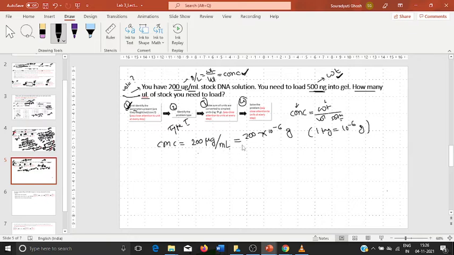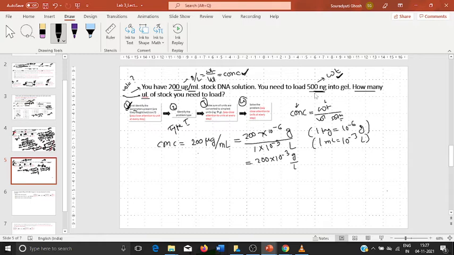Then 1 ml has to be converted into liter. 1 ml is 10 to the power minus 3 liters, so we put 1 into 10 to the power minus 3 liter. That's how you convert the concentration into gram per liter. Simplifying, that would be 200 into 10 to the power minus 3 gram per liter.